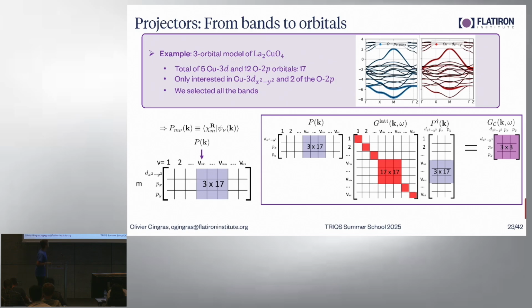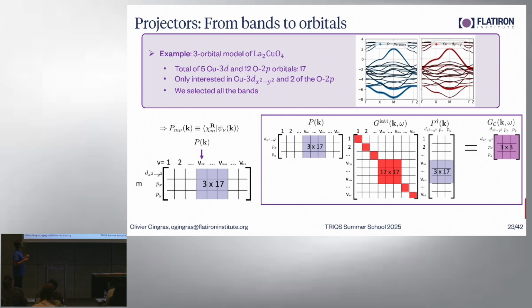Right? Simple matrix multiplication. Now here, just for reference, I put the lattice Green's function as diagonal because the Kohn-Sham Green's function is diagonal. But when you add correlations in the DMFT, you're going to populate this part of the Green's function. Right? It's no longer going to be diagonal.